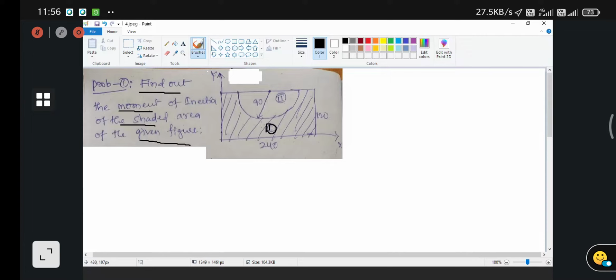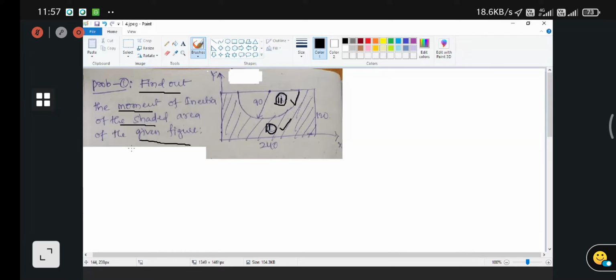My given section consists of two geometries, so I divide it into two portions. The first is the full rectangle and the second is the semicircle. From the first section I remove the second section, and then I get the total geometry.